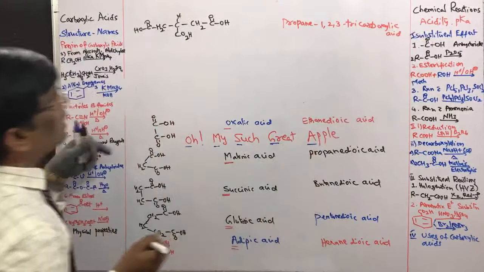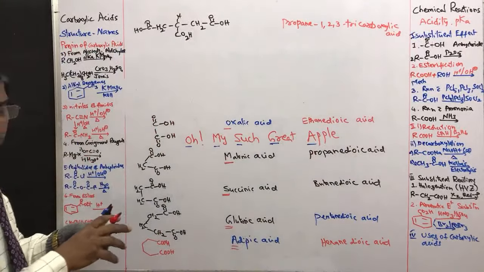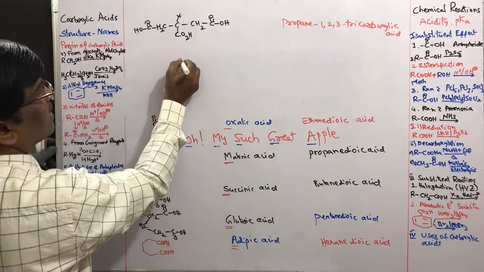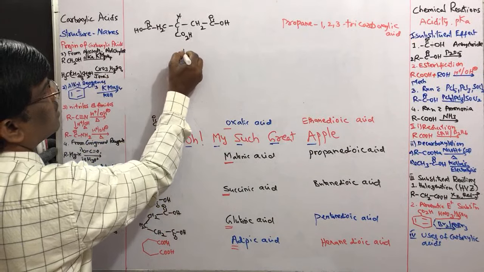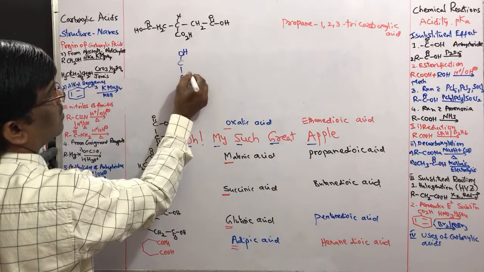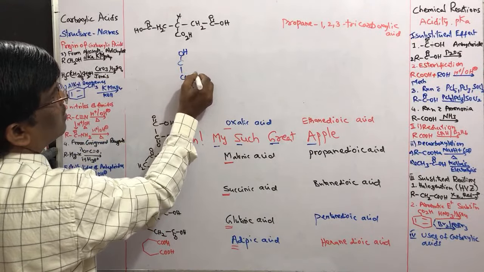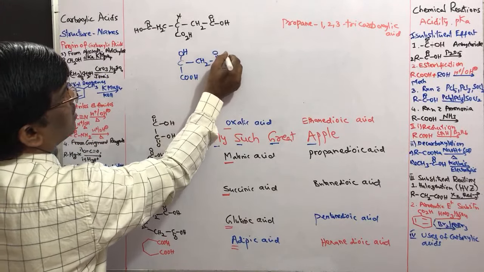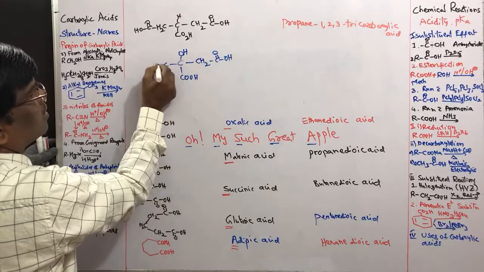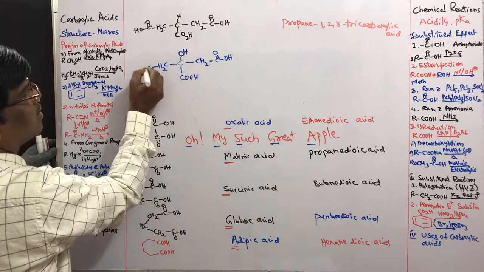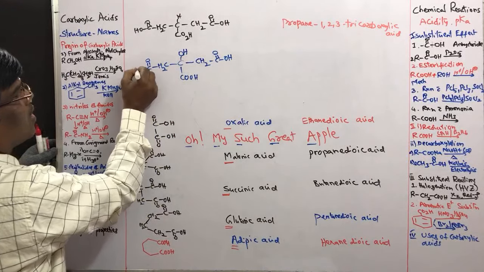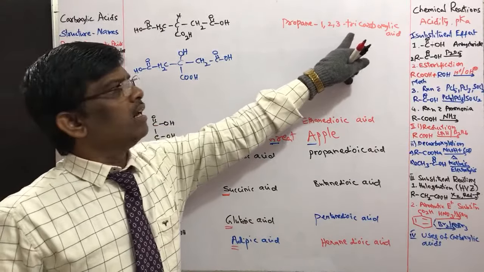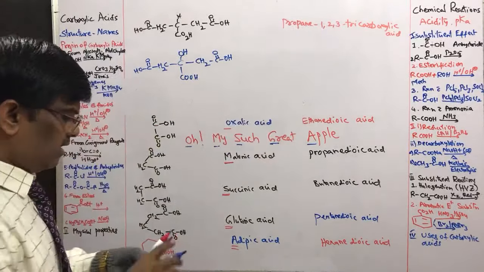So if you remember this structure, it will be easy to write down the structure of citric acid. So it is alpha hydroxy propane 1, 2, 3 tricarboxylic acid.